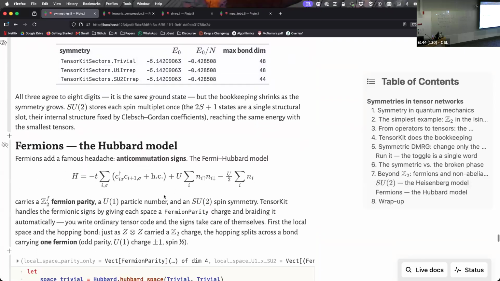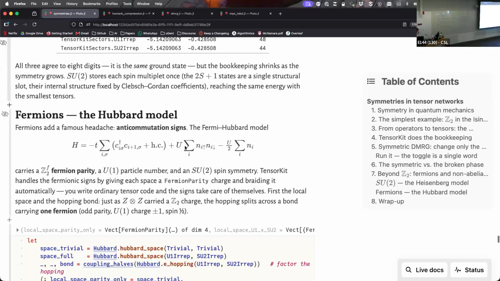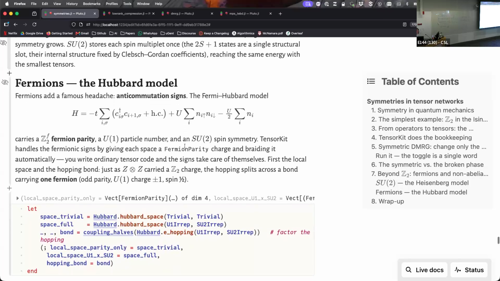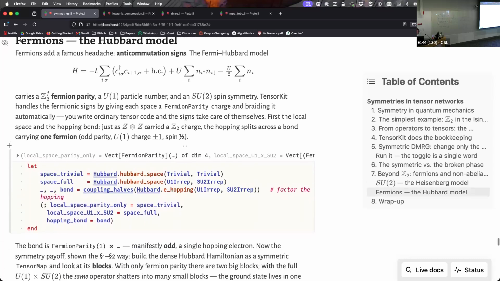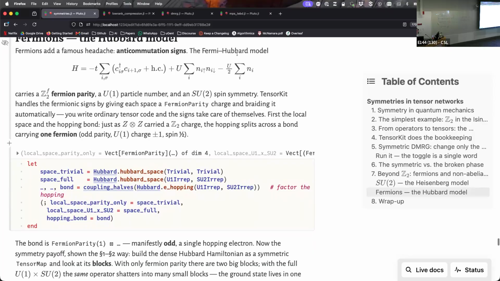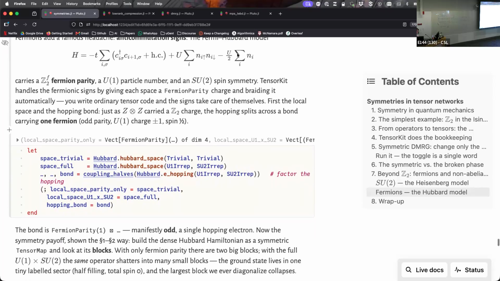What is more exciting even is that with all of the machinery of dealing with the symmetries, we can also include fermions. And this effectively means that, oh no, I have to Jordan-Wigner my entire Hamiltonian to turn my fermions into spins, is no longer required. And actually you can work with tensors that naturally encode the anti-commutation relations.